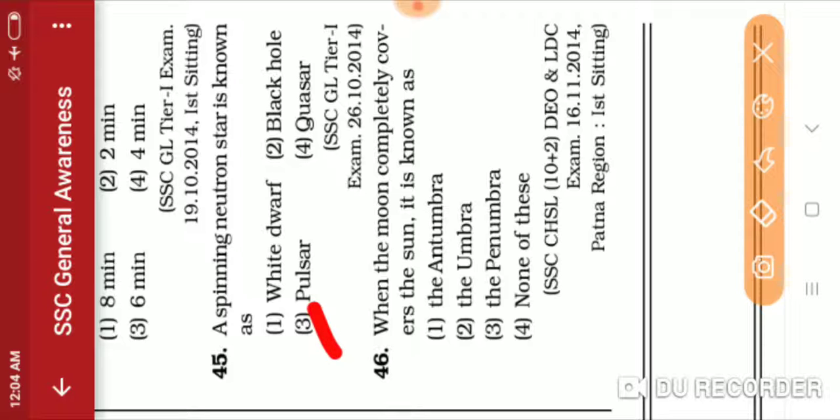When the moon completely covers the sun, it is known as, I told you, when the moon comes between the sun and earth, that is called umbra, and that phenomenon is called solar eclipse. Umbra. Next question.